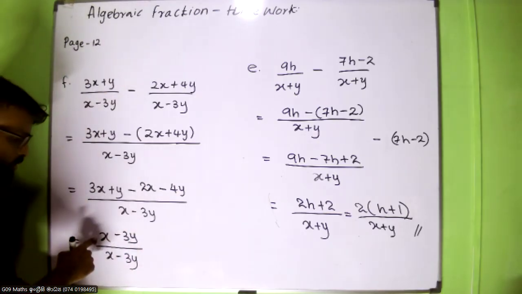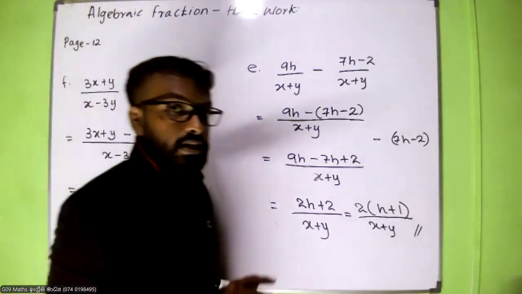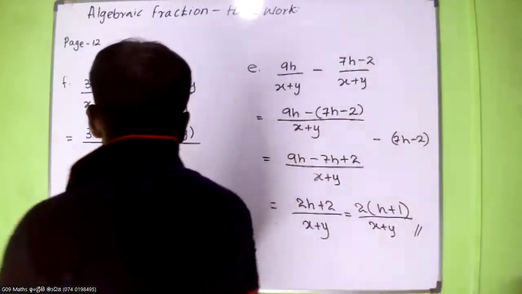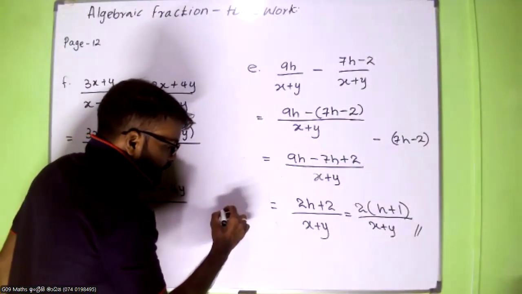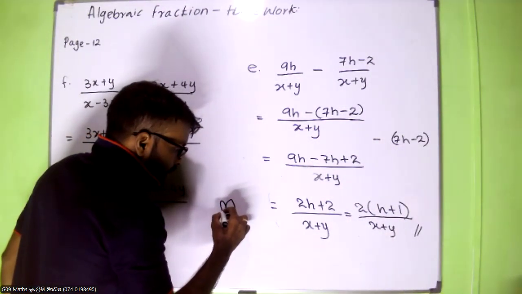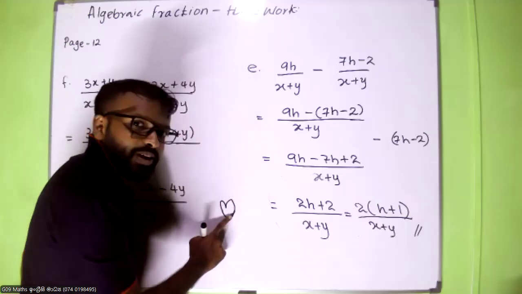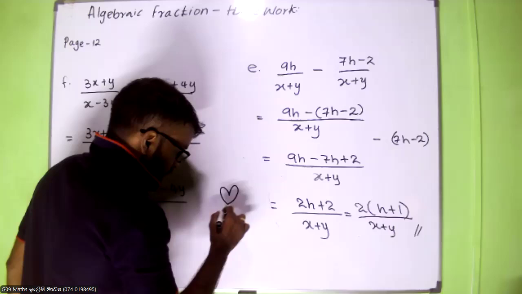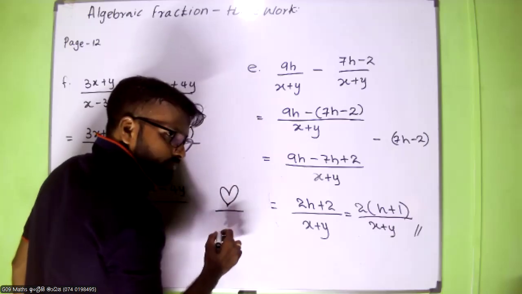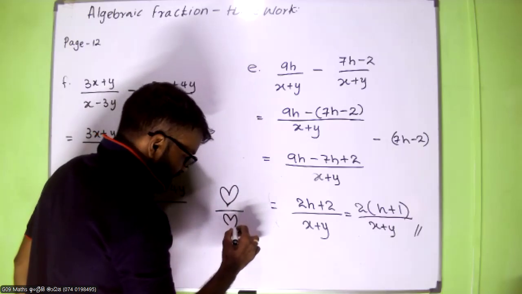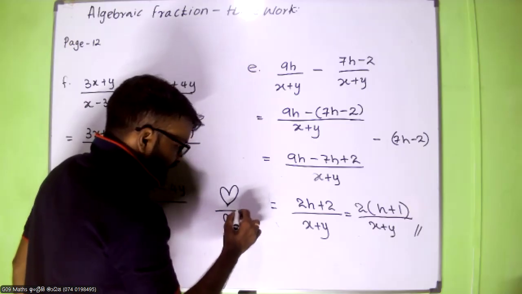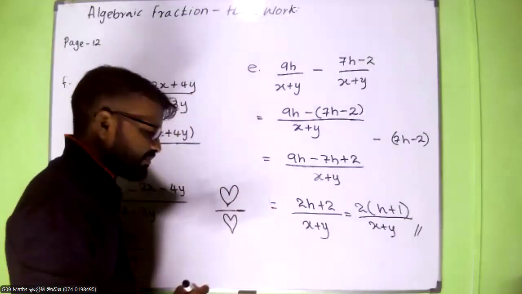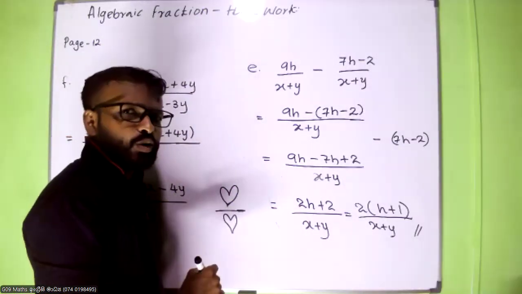Very interesting. In the numerator and the denominator, same term. Suppose in the numerator you have a term, and in the denominator you have the same term. What would it be?